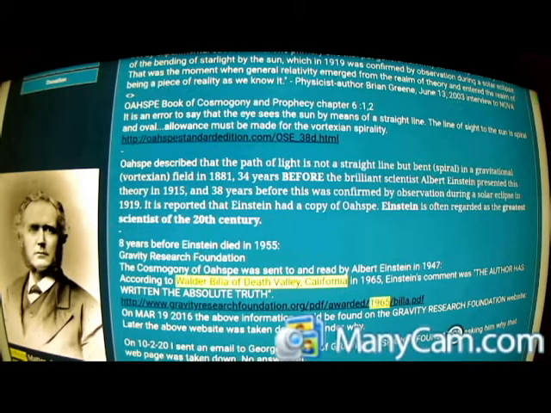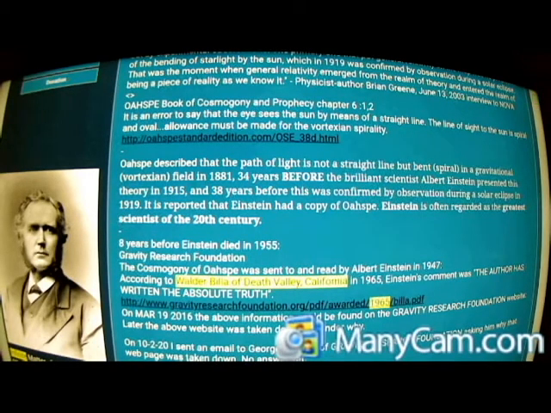His name was associated with contacts. If you wanted to contact somebody from the Gravity Research Foundation, his name was there, and his email address was there. And I emailed him asking him why that web page was taken down. No answer yet. I've received no answer from him yet.